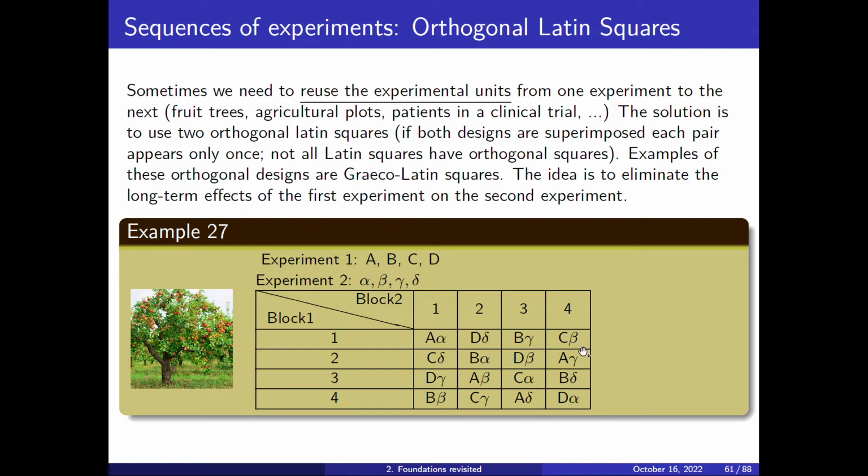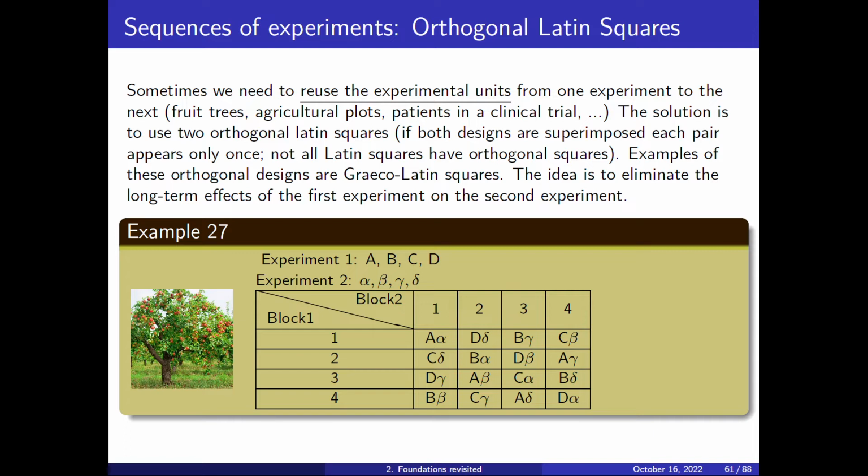The reason to do this is that you may have an experiment, let's say, with a fruit tree to see what is the best way of fertilizing the tree to have the largest growth. And once the experiment is over, now you want to use a new fungicide to see also the health of the tree. But trees take a lot of time to grow, so you cannot throw the tree away and start a new experiment with a new tree.